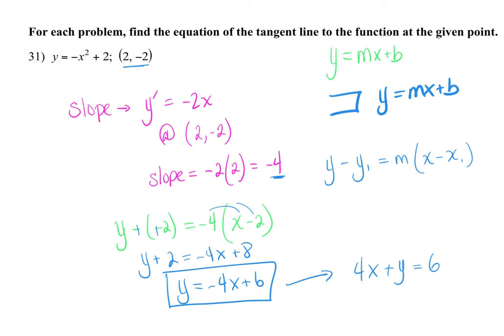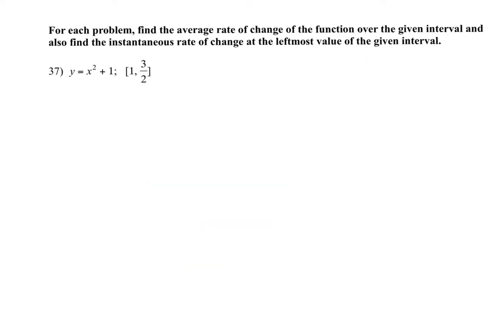So, all right, average rate of change is literally your slope formula, okay? Average rate of change is your y2 minus y1 over x2 minus x1. They gave you x1 and x2, okay?